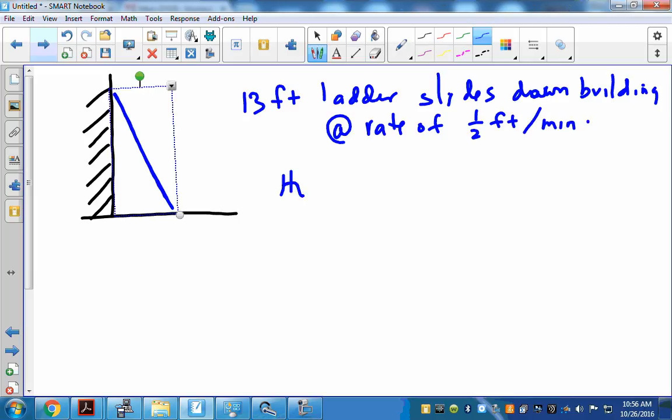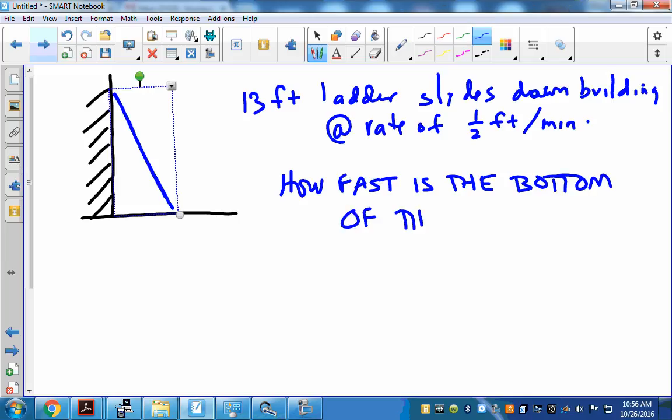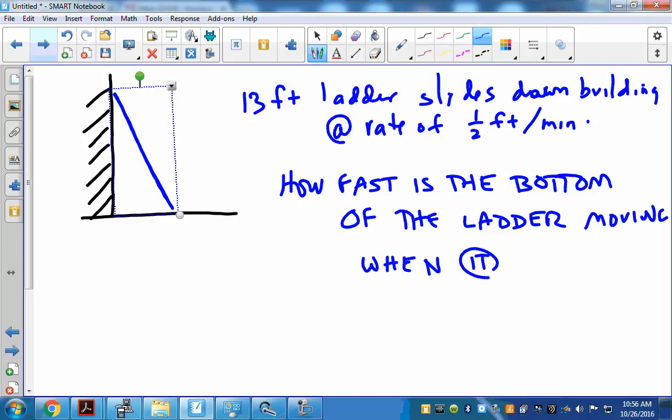How fast is the bottom of the ladder moving when it, being the bottom of the ladder, is 12 feet away?